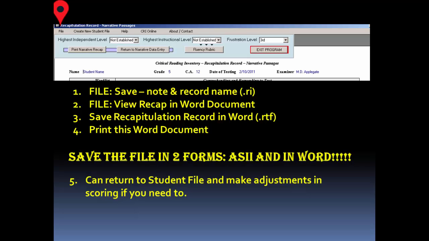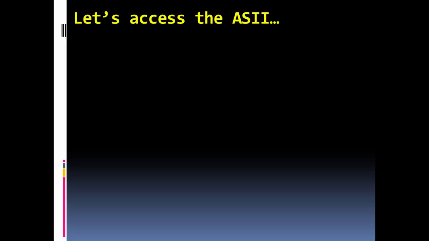So say for instance, you had scored a student's performance, 5th grade, and you had given it 100. And everybody looks at it and says, wait a minute, this is too high. And you realize you made a mistake. You could go back, follow all the guidelines, change it, and then reprint. So this is a powerful awareness to save that in two forms.